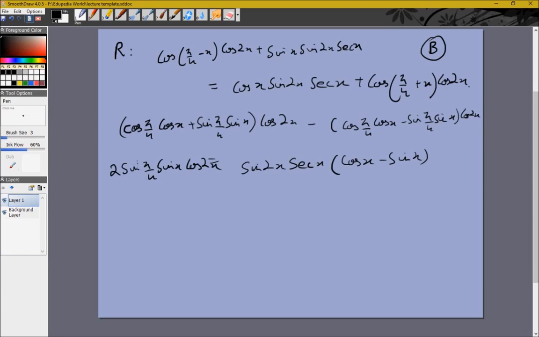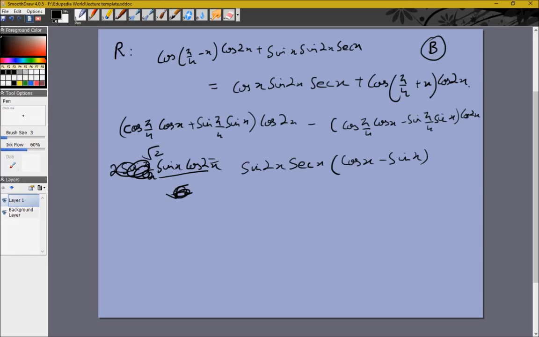Right, sin pi by 4 is 1 by root 2, so 2 sin pi by 4 can be written as 2 by root 2. Now we can take sec x to this side, so sin x cos x, 2 sin x cos x is sin 2x. Right, this should be root 2 here, sorry, because 2 sin pi by 4 is root 2.